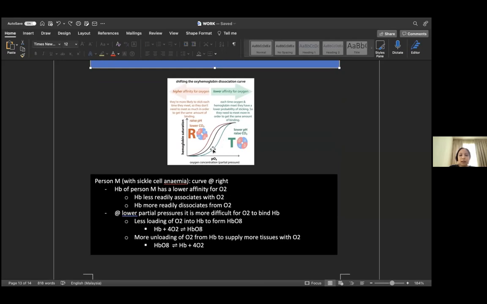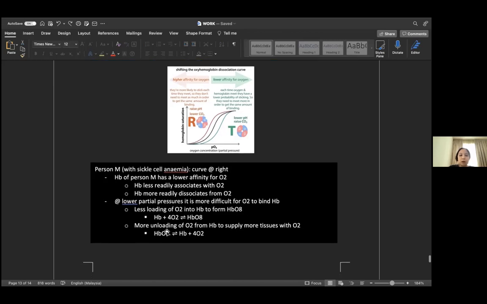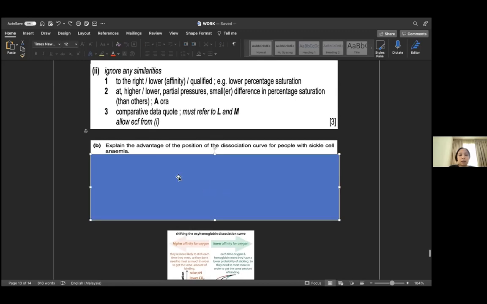It is less likely to associate with oxygen, but more likely to dissociate from oxygen. At lower partial pressures, it is more difficult for oxygen to bind to hemoglobin. So less loading of oxygen into hemoglobin to form oxyhemoglobin, and more unloading of oxygen from hemoglobin to supply more tissues with oxygen for aerobic respiration to produce ATP.